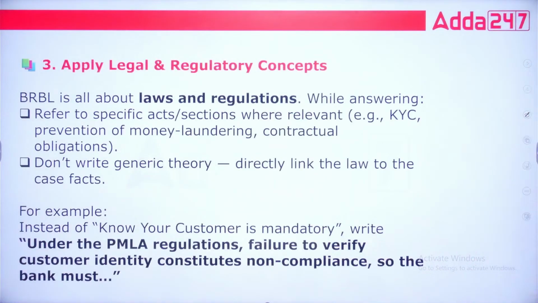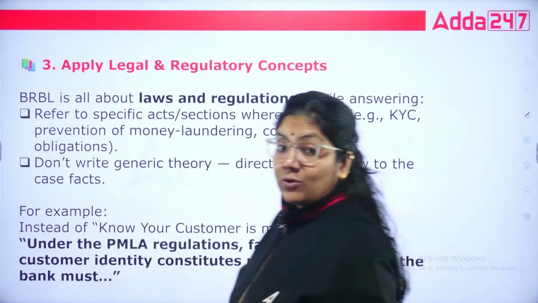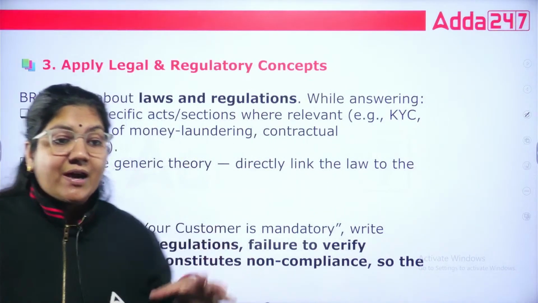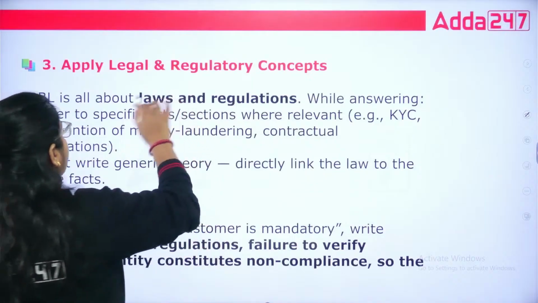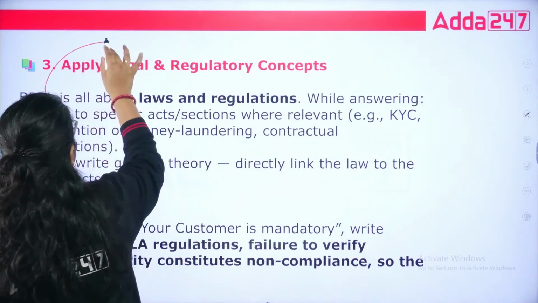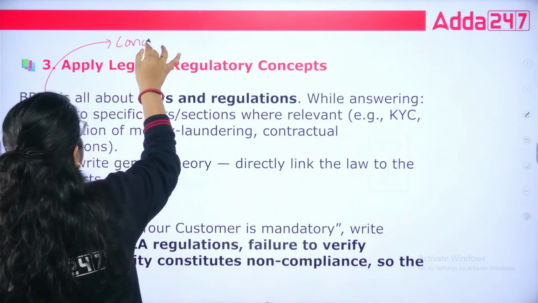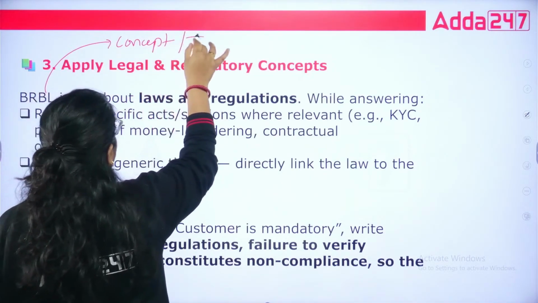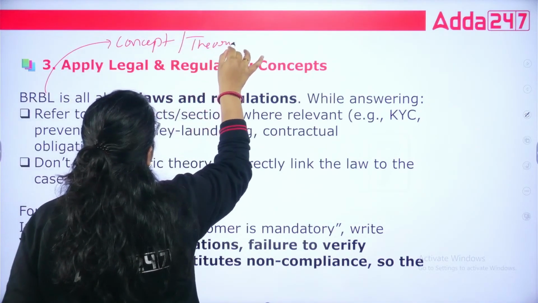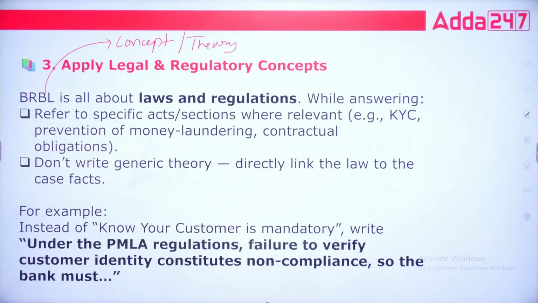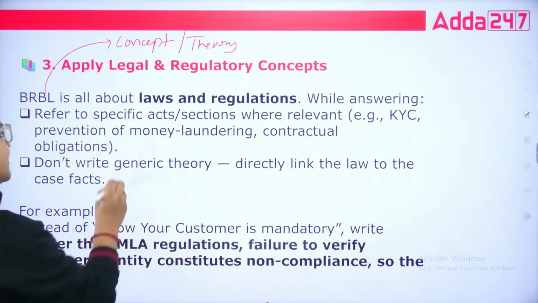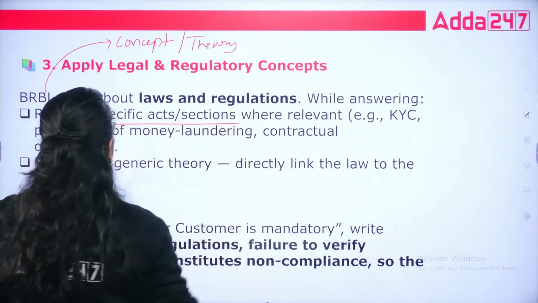Then apply the legal and regulatory concept. BRBL is all about law and regulation, and we know that BRBL is totally a concept subject, or we can say a theory subject. So while answering, refer to the specific act and section.